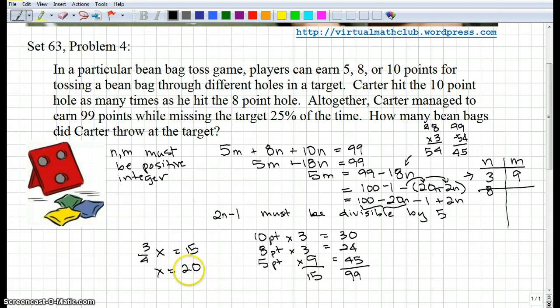Okay, so he threw 20 beanbags. He missed 25%, which is 5 of them, and hit 15. This is the distribution of points that he got: he hit the 10 three times, the 8 three times, and the 5 nine times. So there's your answer, 20.